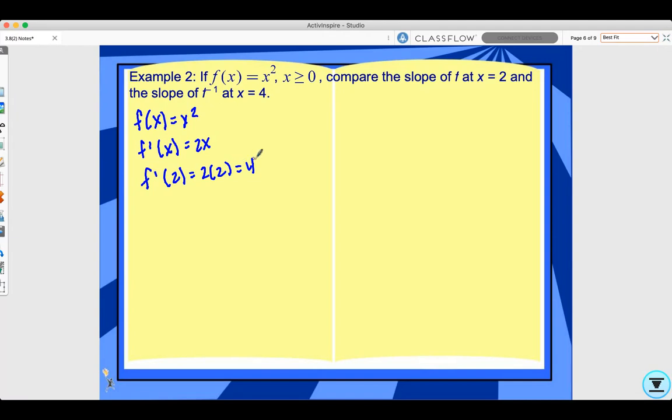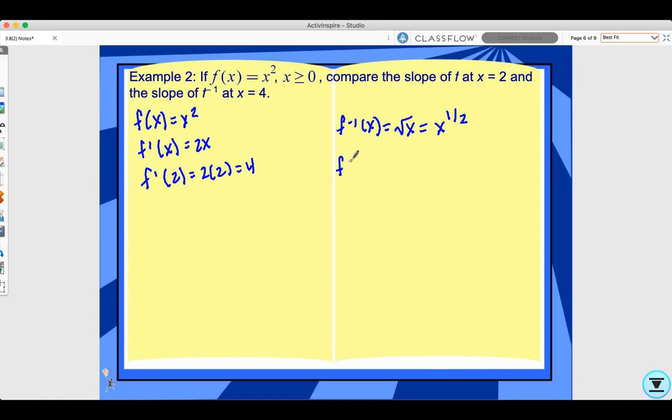So we have 4. Then they want us to compare the slope of f inverse of x. So we need to find f inverse of x. If f of x is x squared, f inverse of x is the square root of x. And we're only doing this for greater than or equal to 0, so we don't need the negative. This is the same as x to the 1/2.